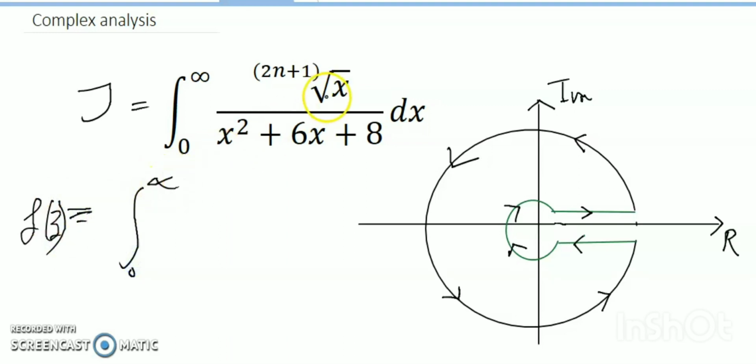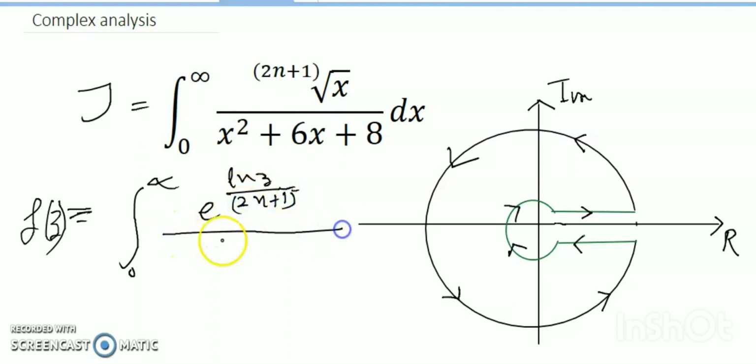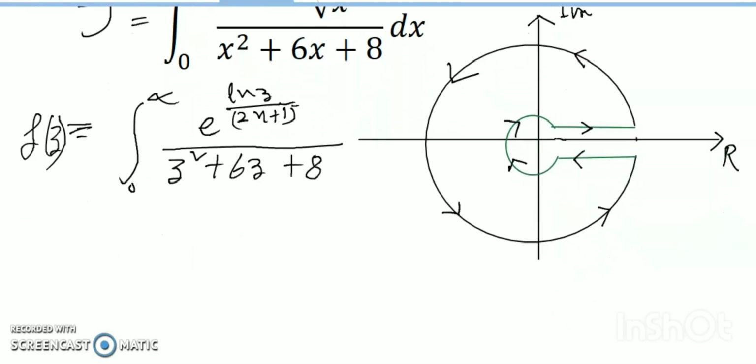Okay, and root x to the power n minus 2n plus 1 can be written as e to the power ln z divided by 2n plus 1. So this way it can be written, over z square plus 6z plus 8. Okay, this is a technique, branch cut. This technique is the branch cut technique.